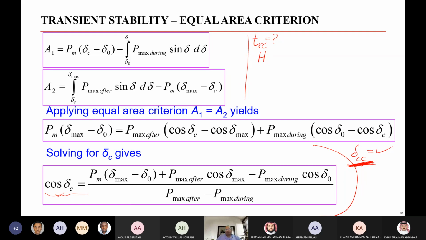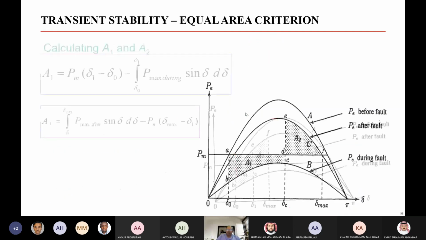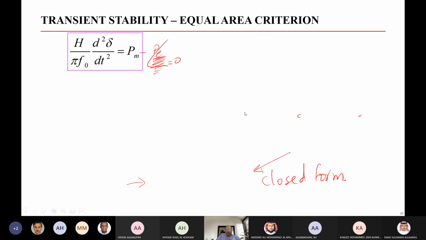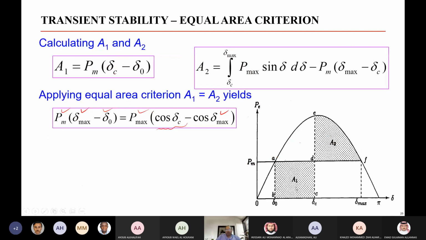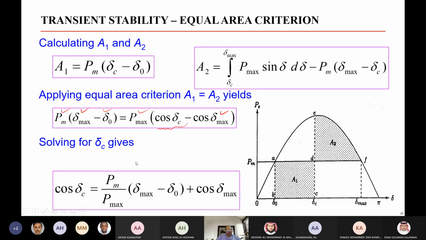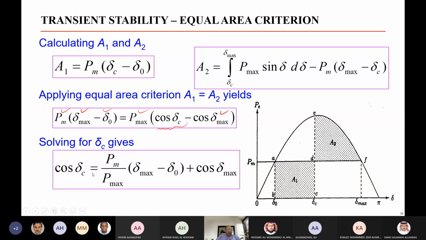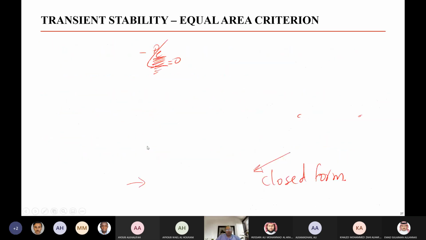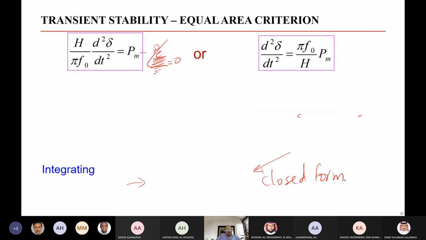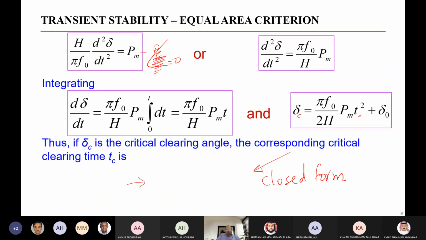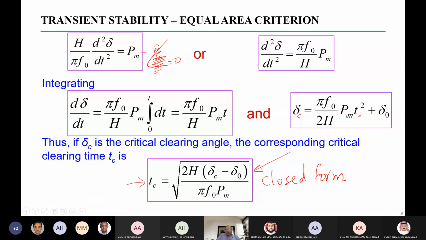Can we get the critical clearing time similar to what we have in that example? In that example, we calculated the critical clearing angle. And based on this delta C, we can double integrate the swing equation, and we can relate the critical clearing time with the critical clearing angle.